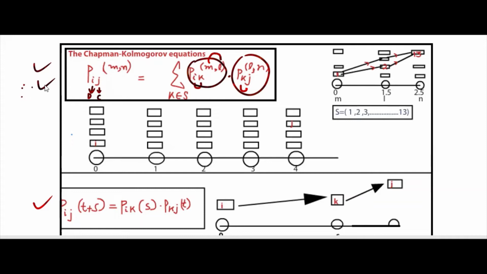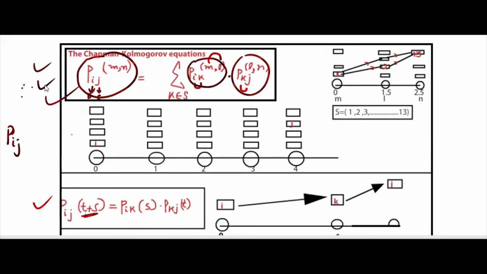There is always a bit of confusion when we talk about the symbols. t plus s, when it's written here, you see invariably in this chapter, this was from the earlier chapter, we use the same symbol in a different way here. I can write p_ij of n minus m here.